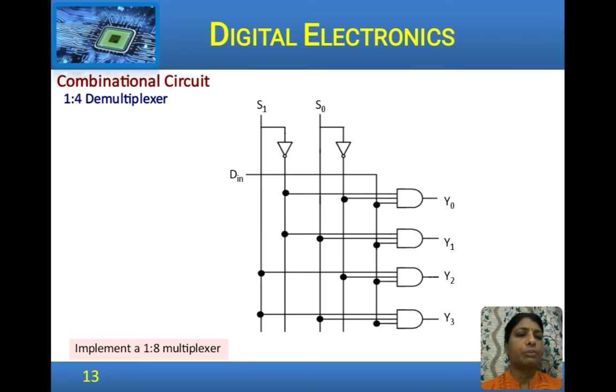So for the specific combination of the select lines, one of the outputs is high, the rest are all 0. At one of the AND gate outputs, the D input is available, the rest of the outputs are 0. Pause the video, implement a 1:8 demultiplexer.